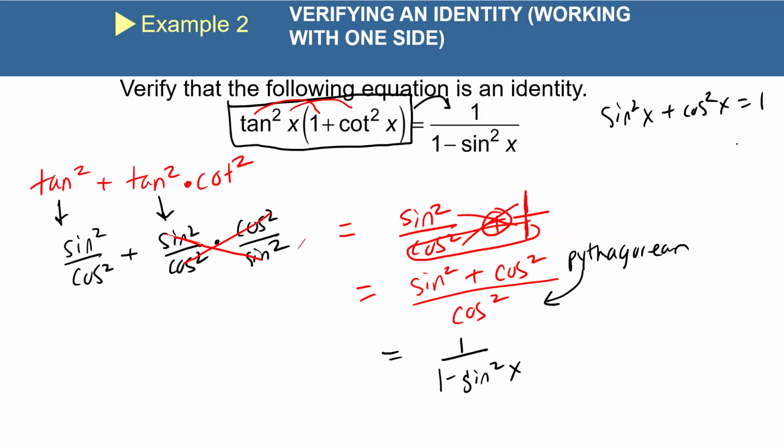Remember how we said with Pythagoras, you can manipulate this to fit whatever you need. So if I wanted cosine squared by itself, what would it turn out to be? 1 minus sine squared. Did we verify that the left and the right are the same? Our plastic surgery was a success.